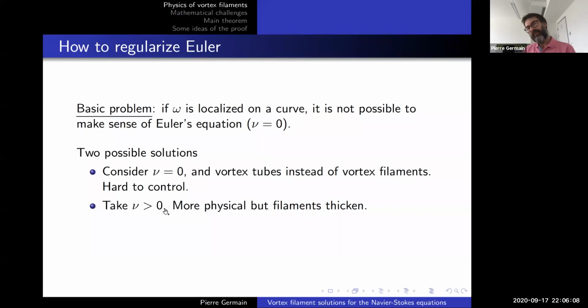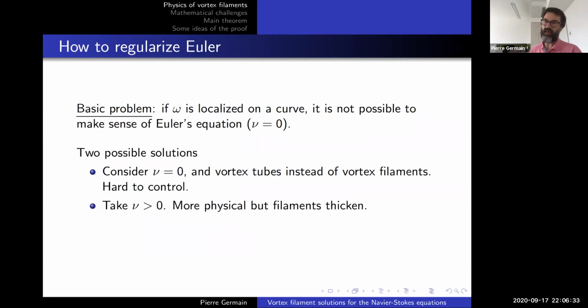And of course, what's going to happen is that if initially the vorticity is supported on a filament, then it will spread as time goes by through diffusion. And thus the filaments that were initially supported on a 1D curve will immediately have full support.